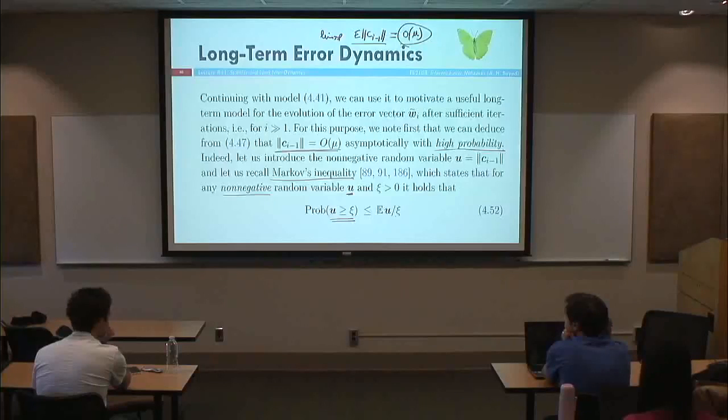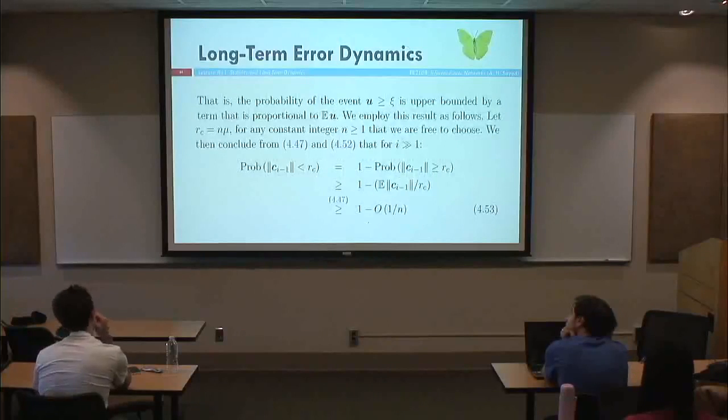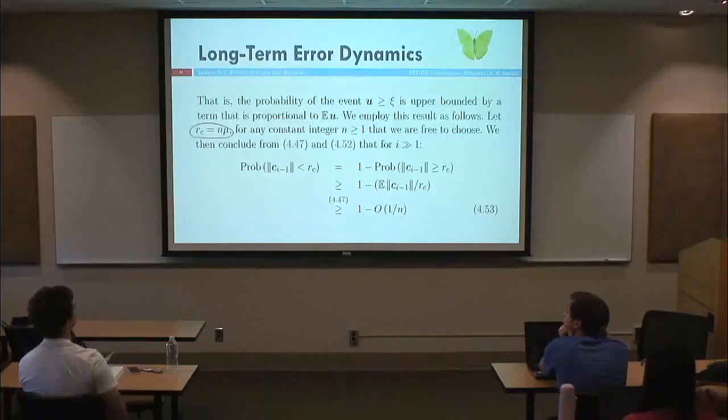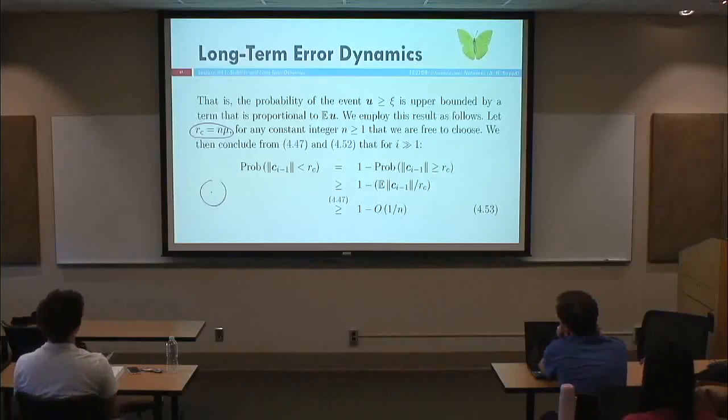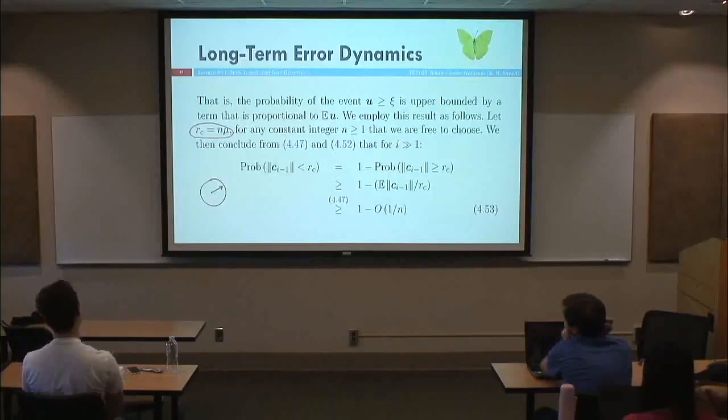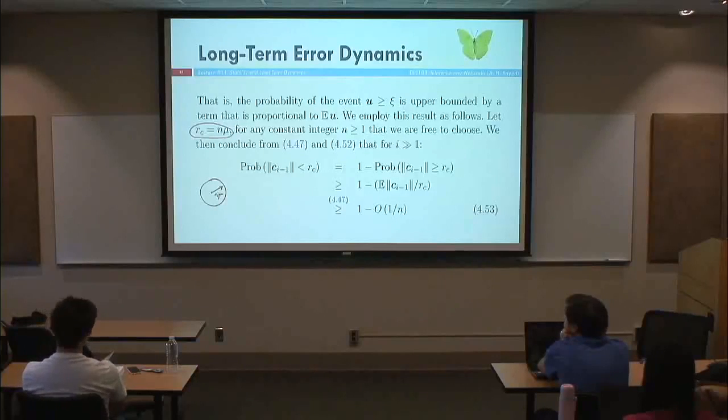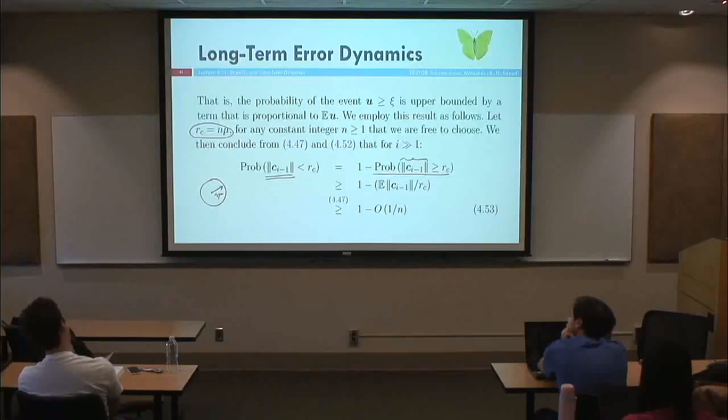So now let's choose a circle of radius some multiple of mu. This circle has radius n mu, where n is some integer. What's the probability that the norm of C is within that circle? Well, that's 1 minus the probability that the norm of C is outside the circle. This is a non-negative random variable, so I can use Markov's inequality.